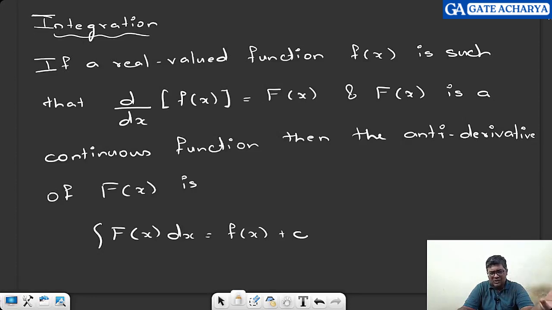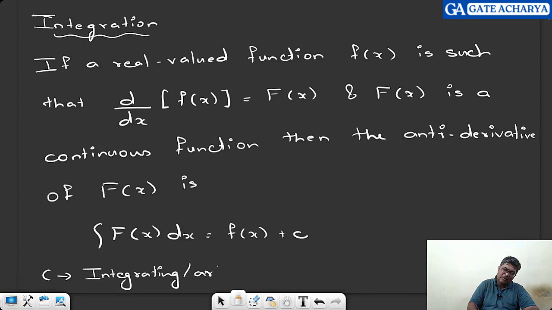Derivative of any other constant you take, it's always 0. But when I try to integrate 0, I know it's a constant, but I don't know the value of that particular constant. That's the reason why we had to define a special term known as the integrating constant, or arbitrary constant. C is sometimes known as the integrating constant, or sometimes also called arbitrary constant.